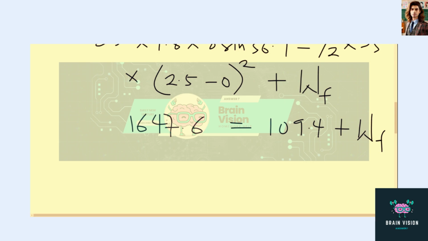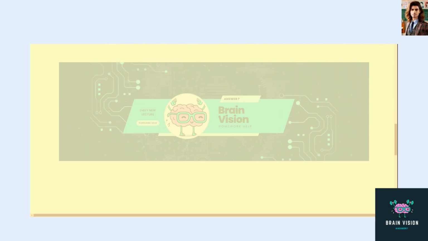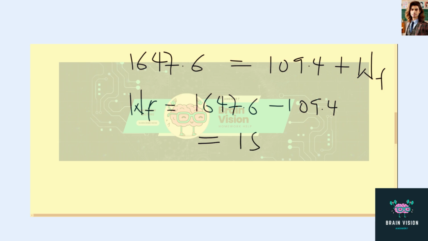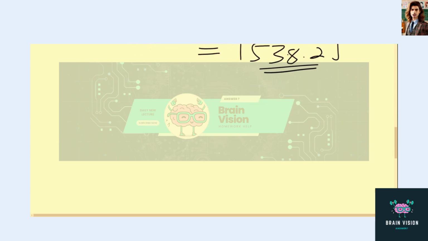So we have the work done by friction equal to 1647.6 minus 109.4. This should give you about 1538.2 joules. So this is the work done by friction.